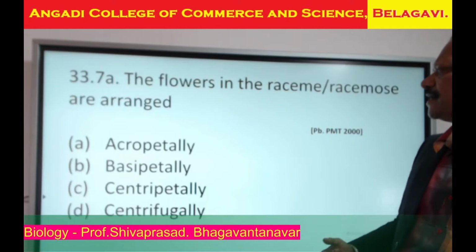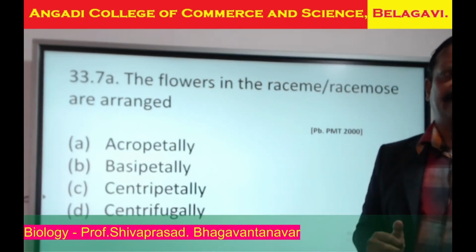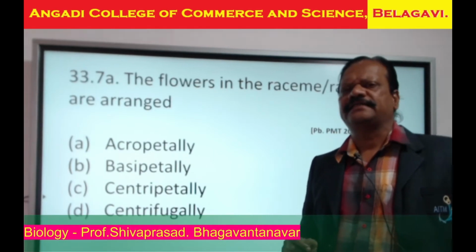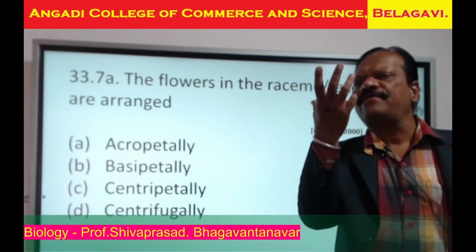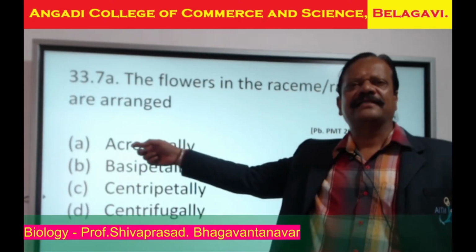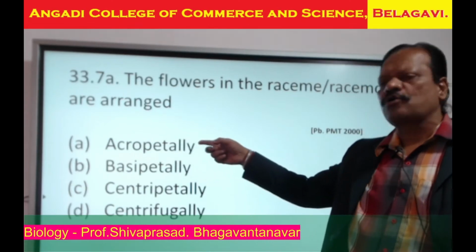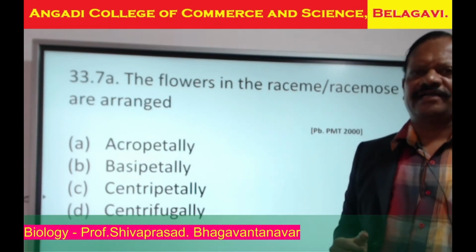First we will see here acropetally, acropetal order. Acropetal order in the sense, the younger flowers are at the top and older flowers are at the base. Then you people are calling the system as acropetal system, or the flowers are arranged acropetally.